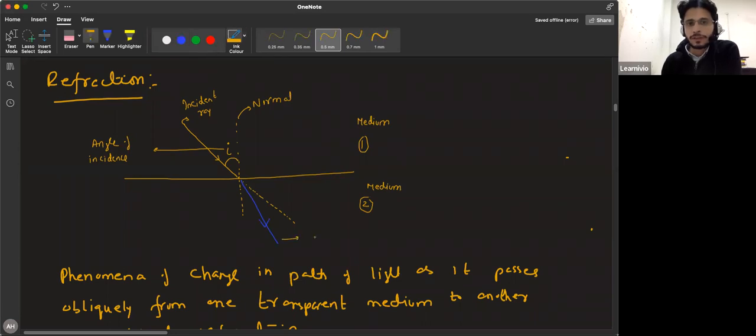This is known as the refracted ray, and this is the angle of refraction.